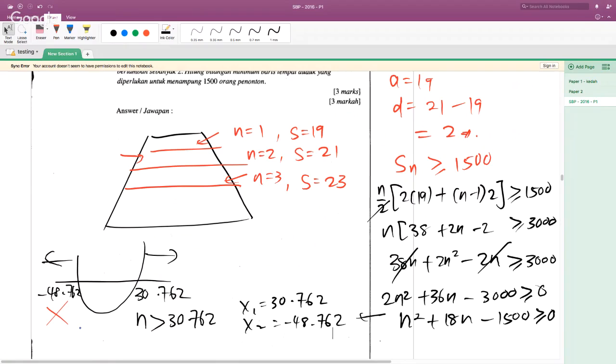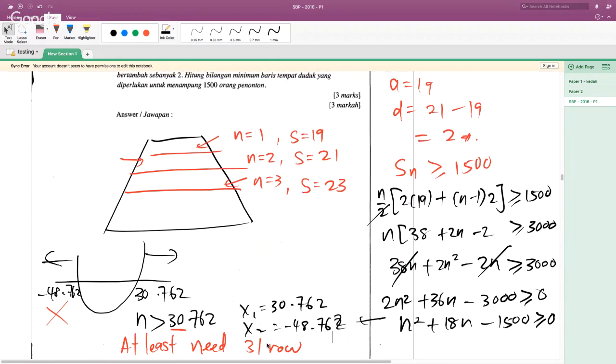So that means in order to accommodate 1,500 people, you at least, because this one is more than 30.7 rows, right? So that means you will need 31 rows, because if you have 31 rows you can accommodate every one of them.